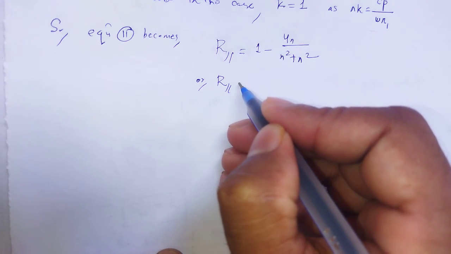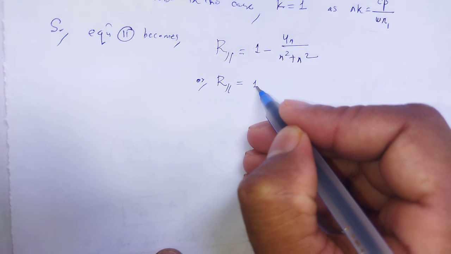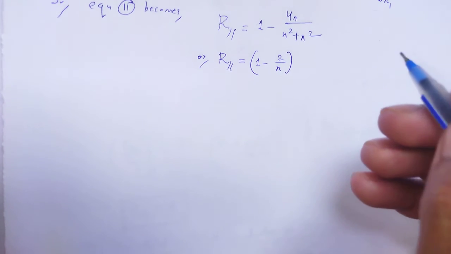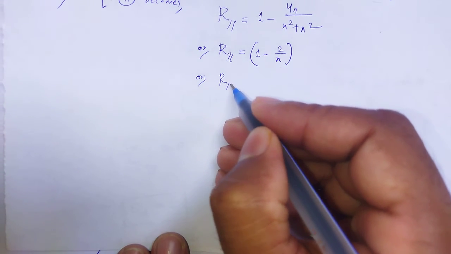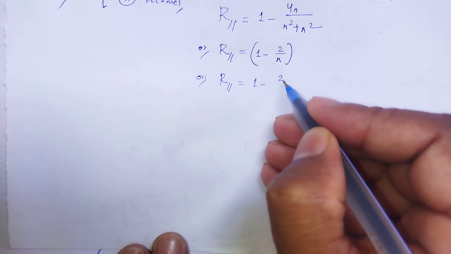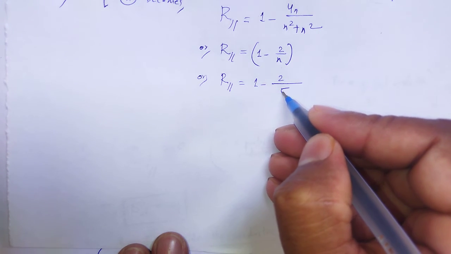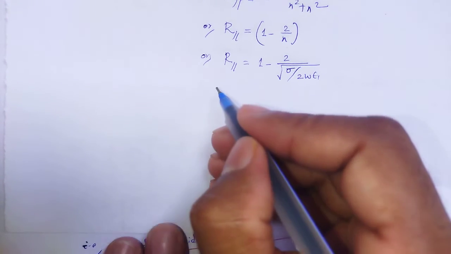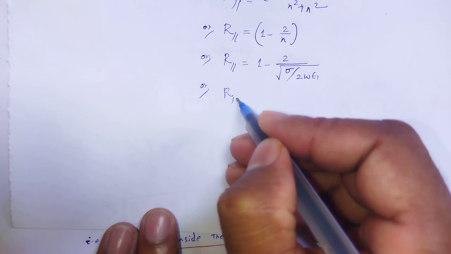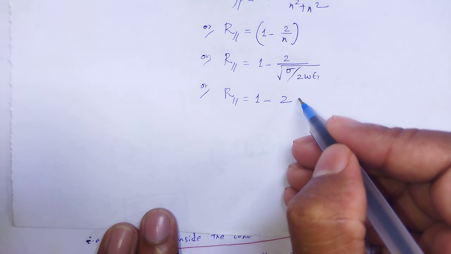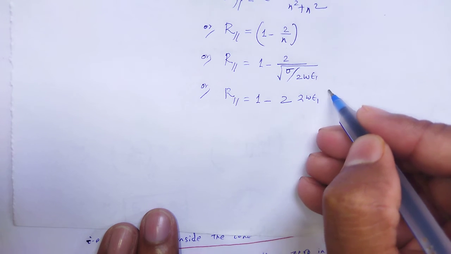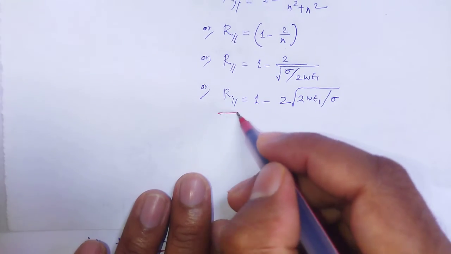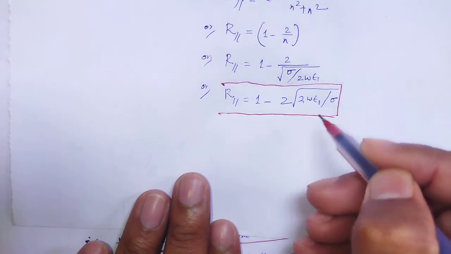So R parallel will be 1 minus 2 by n, or R parallel is equal to 1 minus 2 divided by, in place of n, that is sigma under root 2 omega epsilon 1, or R parallel is equal to 1 minus 2 whole into 2 omega epsilon 1 divided by sigma under root. That is the expression for reflection coefficient.